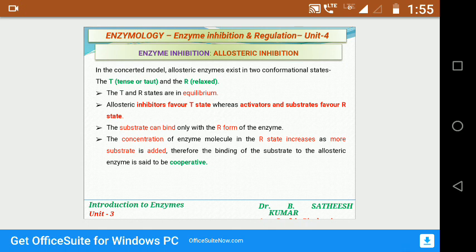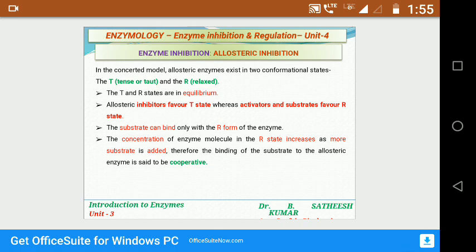So, substrate only binds to the R form, and the concentration of the enzyme molecules in the R state increases as more substrate is added. Therefore, the binding of the substrate to the allosteric enzyme is said to be cooperative.